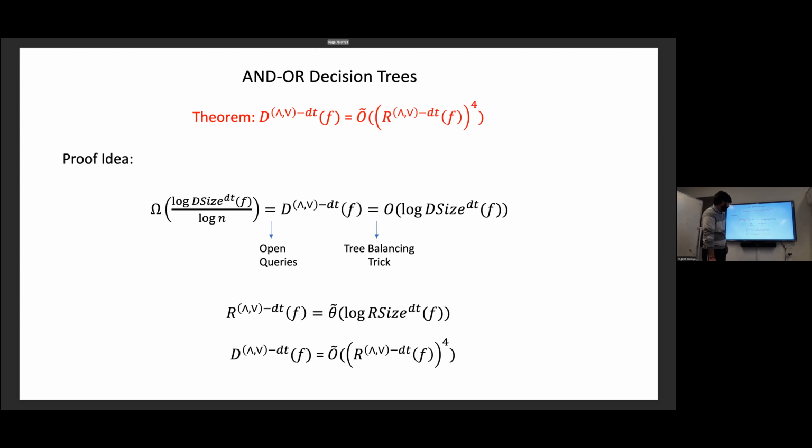So essentially the randomized AND-OR query complexity is nothing but theta of the log of randomized size, and the deterministic AND-OR query complexity is nothing but theta of log of deterministic size, and these two quantities we already know have a relationship. So here also we have the same relationship.